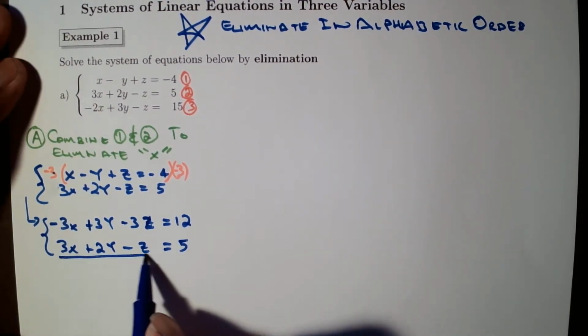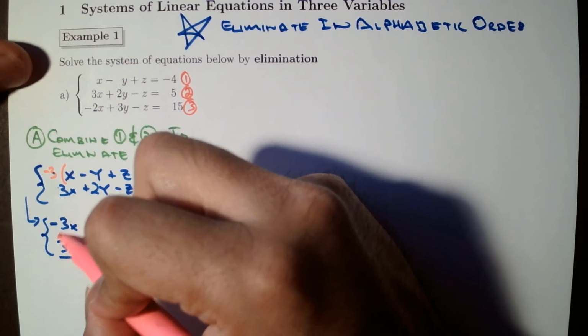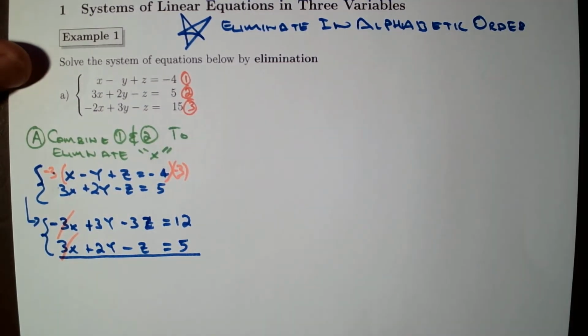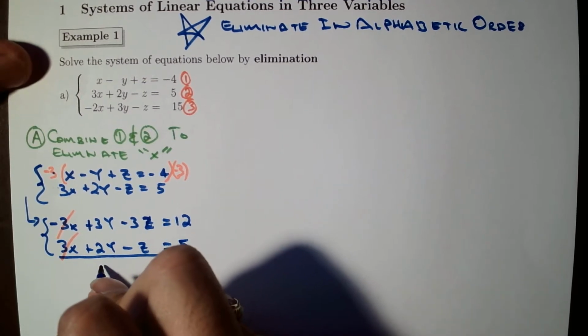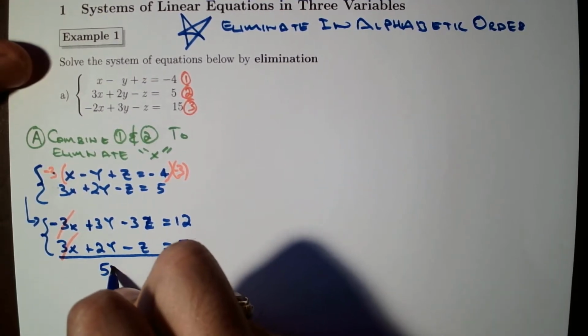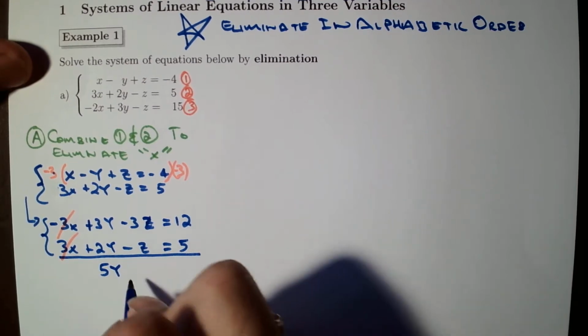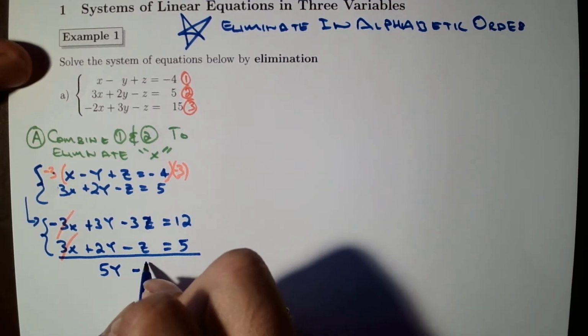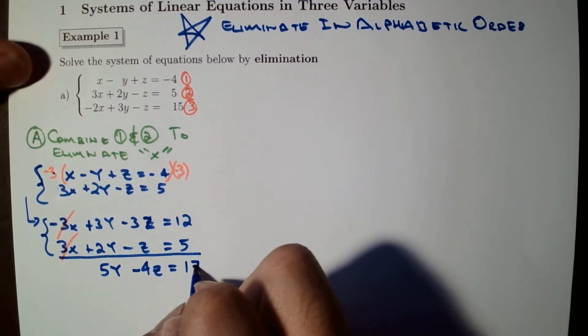Let's put curly braces to denote that these are together. So now we are ready to combine these two equations. Notice how the x's go away. And when we combine these two, we're going to add 3y plus 2y. That's a 5y. And negative 3z minus z, be careful, that's going to give us negative 4z equals 12 plus 5, that's 17.